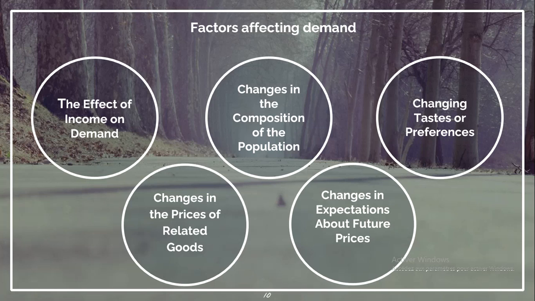If people learn that the price of a good like coffee is likely to rise in the future, they may head for the store to stock up on coffee now. The changes in demand are shown as a shift in the curve. Therefore, a shift in demand happens when a change in some economic factor other than the current price causes a different quantity to be demanded at every price.